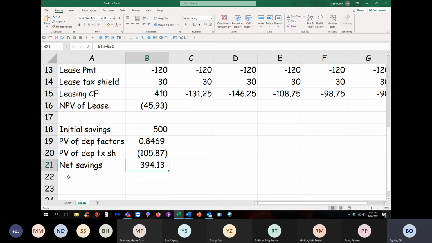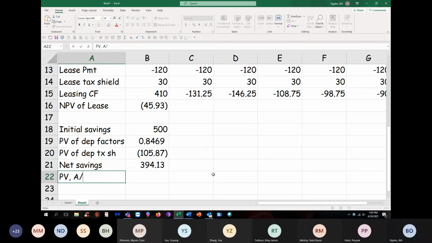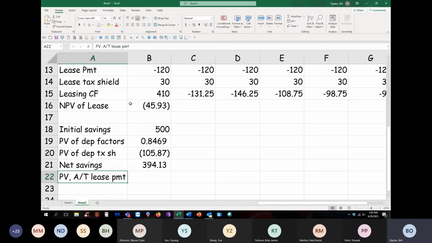So now we'll do the present value essentially of the lease decision. So we're going to do the present value of the after-tax. Maybe I'll just make this a little bit bigger. Okay, so let's try it.